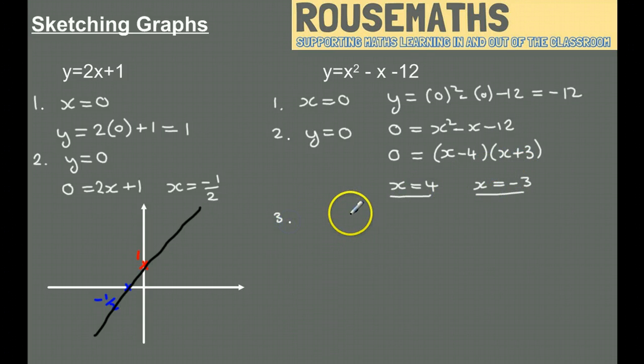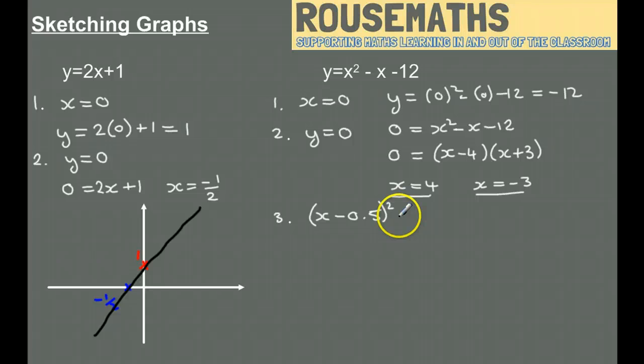I'm now going to find the minimum point because it's a quadratic by completing the square. So if I halve the x coefficient, again, if you're not familiar with completing the square, I do have some videos on that as well, which you can have a look at in order to make sure you understand where this is coming from.